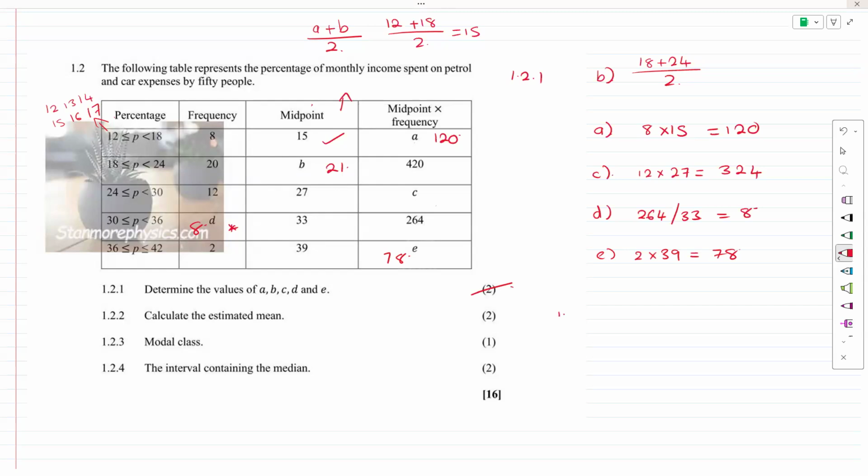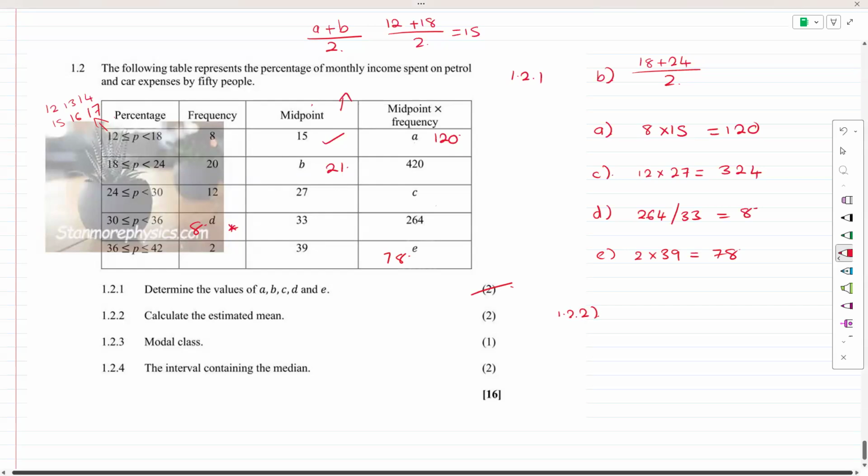1.2.2. Calculate the estimated mean. Now, guys, there's an easy way and there's a difficult way. The best way to do mean, especially with intervals and when you have a lot of numbers, is to add the midpoint times frequency.